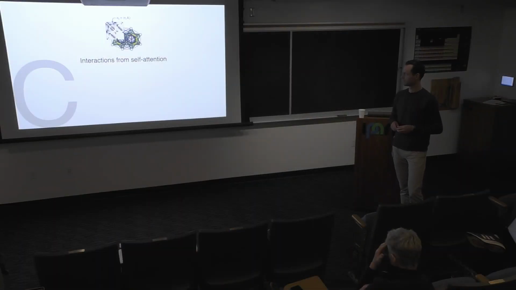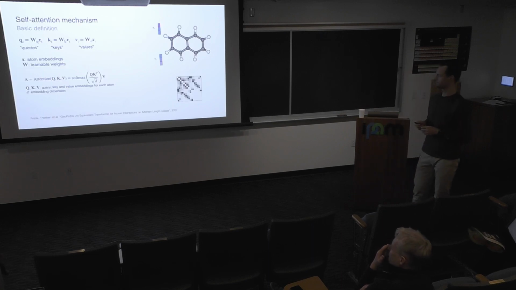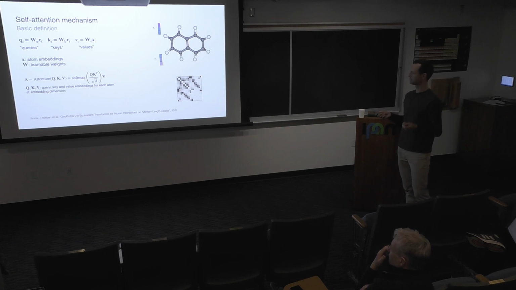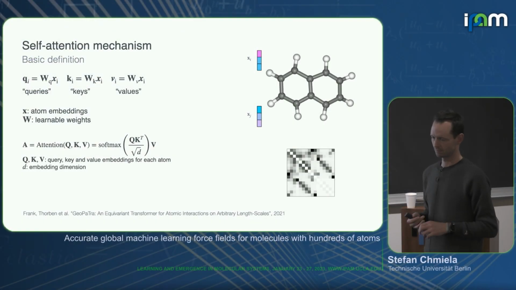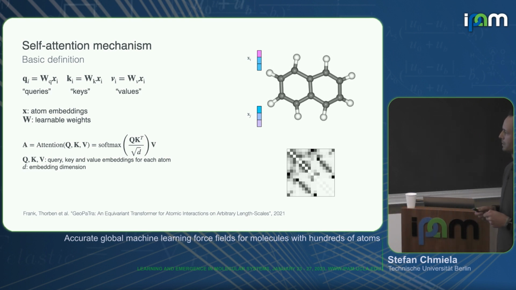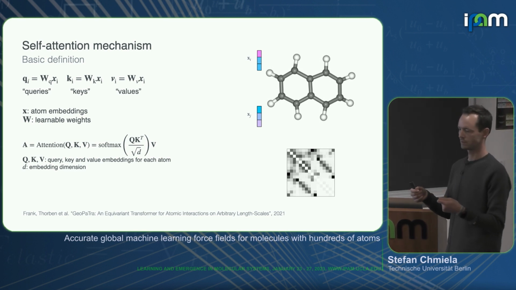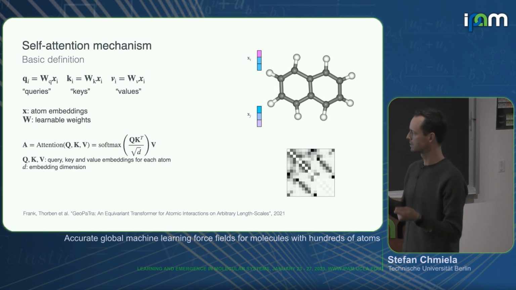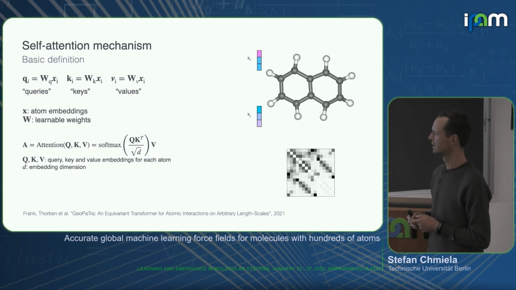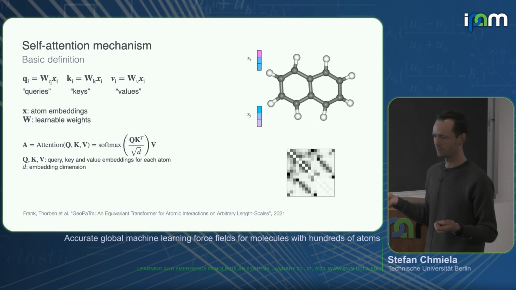Okay, so the last example, I will be very brief here because I'm running out of time, is self-attention. Self-attention is an idea that's being widely used now, and I think everyone here is familiar with the general principle. The idea, in the context of force field reconstruction, is to take representations of each of the atoms, and then we tokenize those representations into so-called query, key, and value vectors.